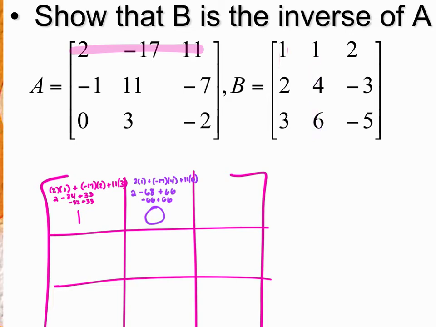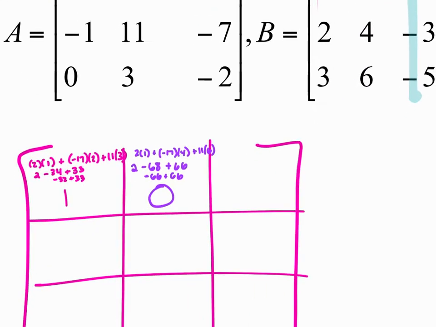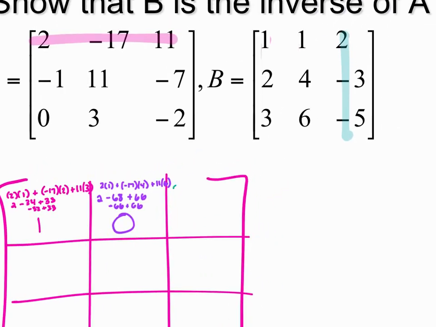Then I go row 1, column 3. 2 times 2 plus -17 times -3 plus 11 times -5. 4 plus 51 minus 55. 55 minus 55, which is 0.